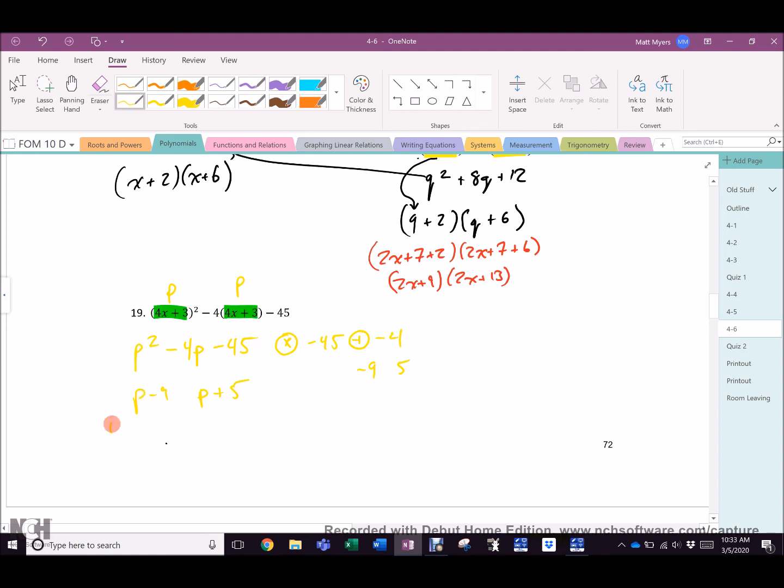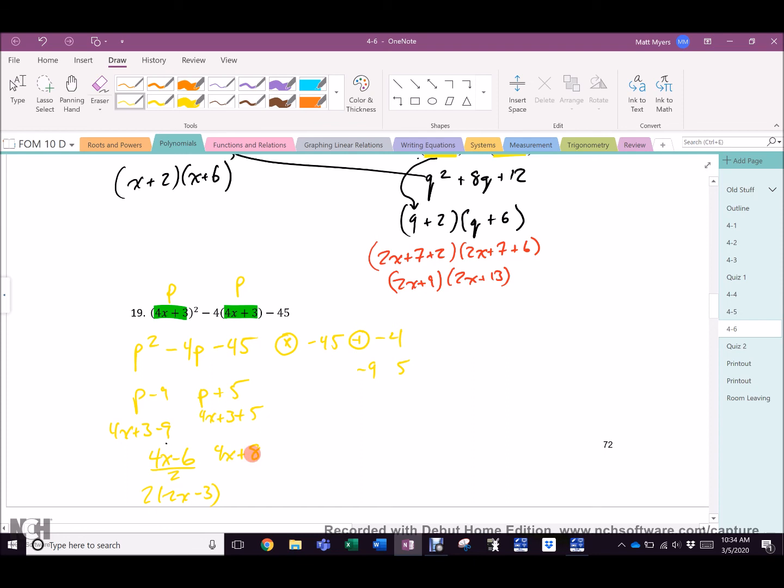So what's 4x plus 3 minus 9? 4x minus 6. And what is 4x plus 3 plus 5? Would you ever leave those in this class? Why not? Always GCF. What's the GCF here? So what's coming to the front? 2x minus 3, right?